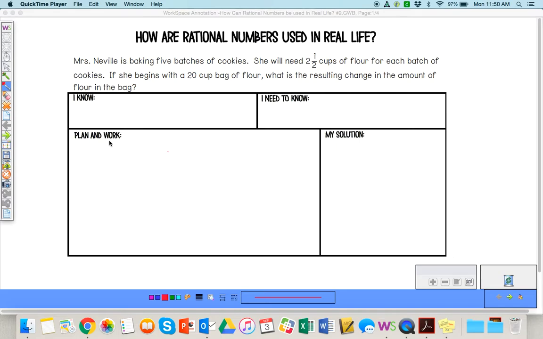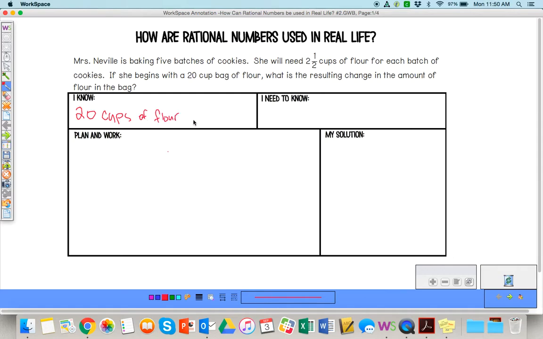Okay, so we know that she starts with 20 cups of flour. And we know it's 2½ cups per batch.